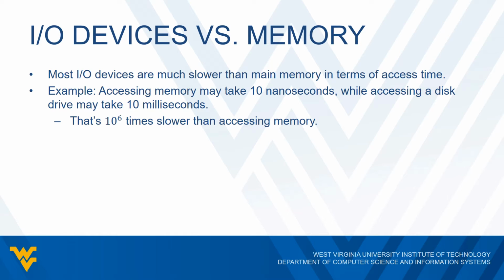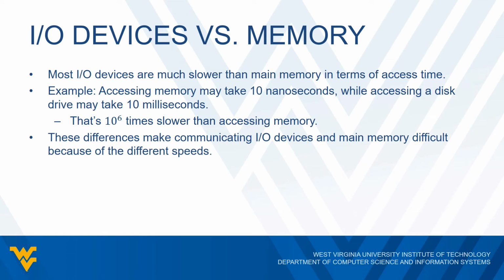This difference in the orders of magnitude would be like traveling a mile compared to 40 complete revolutions of the Earth's equator. Or in terms of time, the difference is between a day and 30 centuries. That's how big of a gap we're talking about as far as the access time is concerned. It's not uncommon for I/O operations to be this much slower.